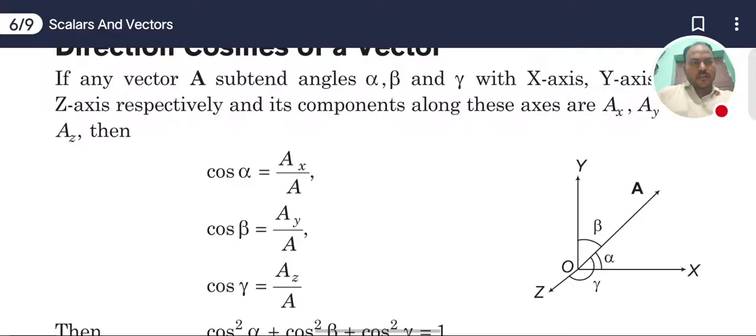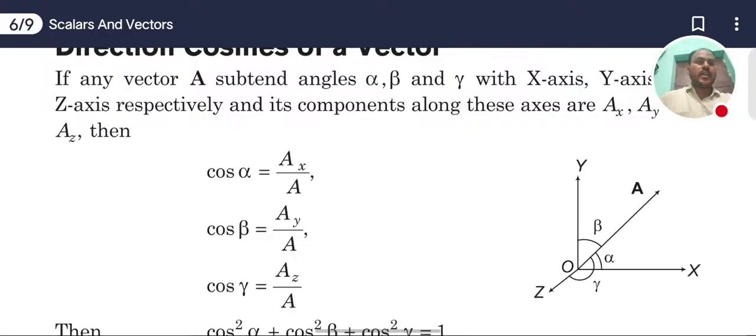The angle formed between vector a and the x-axis, and another angle formed between vector a and the z-axis, and another angle formed between the y-axis and vector a. The angle formed between the y-axis and vector a is known as beta. The angle formed between vector a and the x-axis is known as alpha.